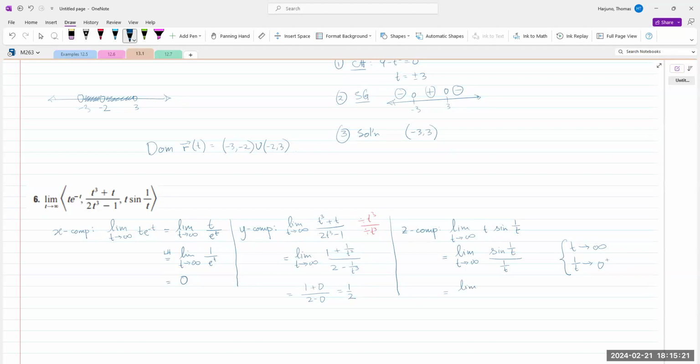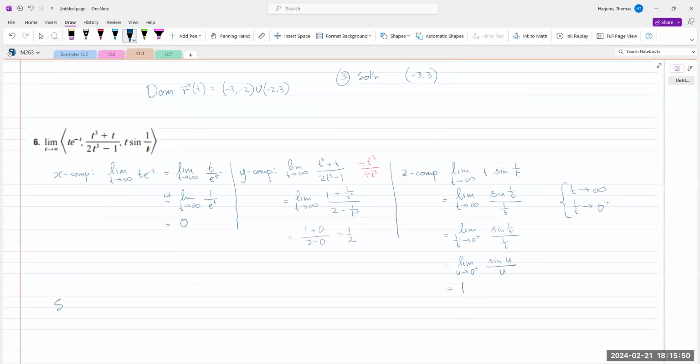Instead of t goes to infinity, I will say 1 over t goes to 0 from the right hand side of sine 1 over t over 1 over t. Let's call that u for now, just as a dummy variable. But then I hope you see that we learned this in calculus 1. This is equal to 1.